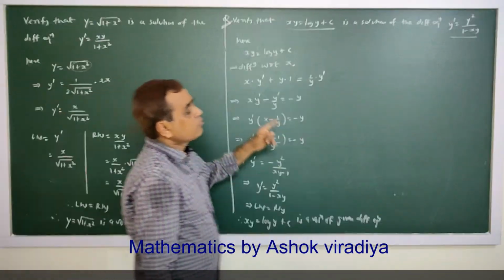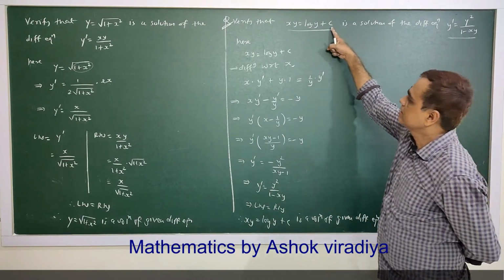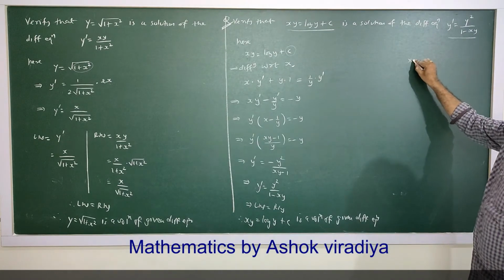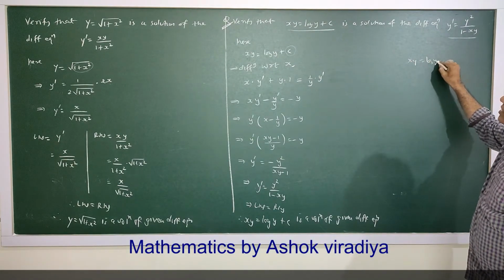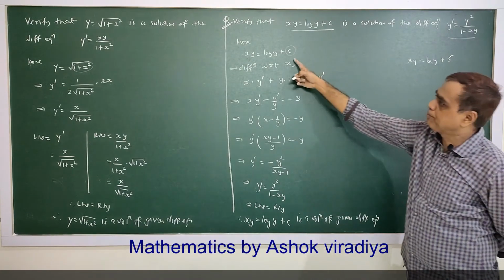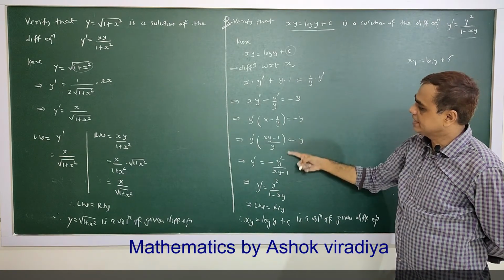Say in this equation, this is c. If instead of c, in the question, suppose 5 is given, then the next steps, everything will be the same.